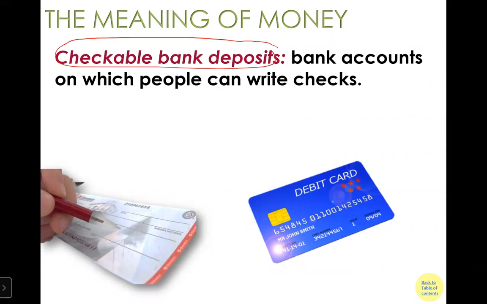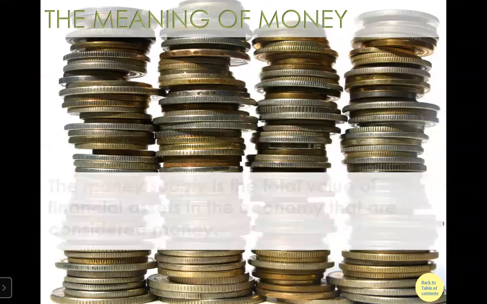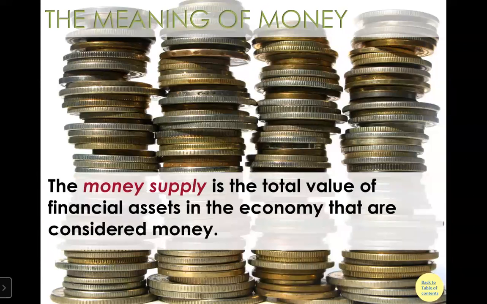Okay, so now we are ready to look at money supply. Money supply is the total value of financial assets in the economy that are considered as money, right? Later on, you're going to see that money can be widely defined by including those three things we just discussed, but money can be narrowly defined by only considering currency in circulation.